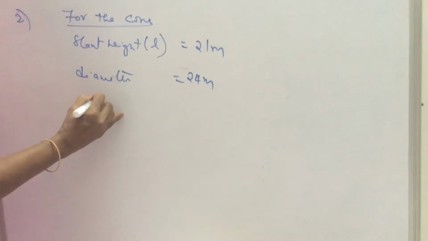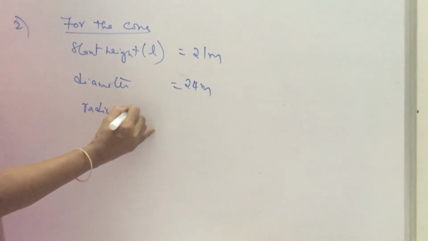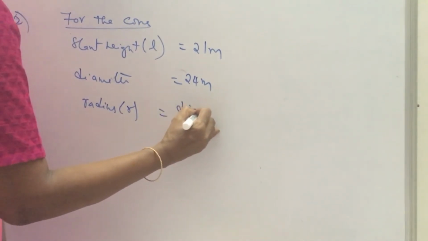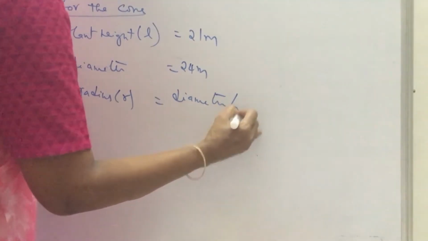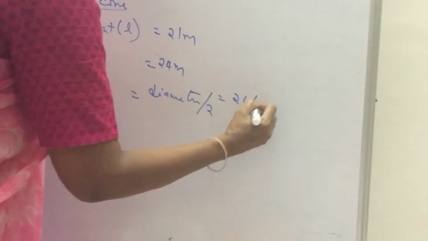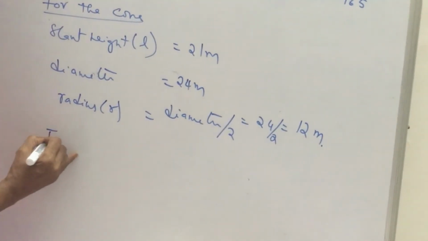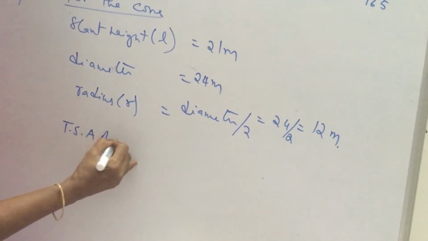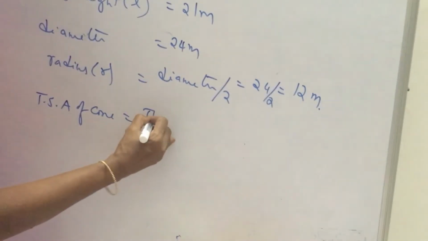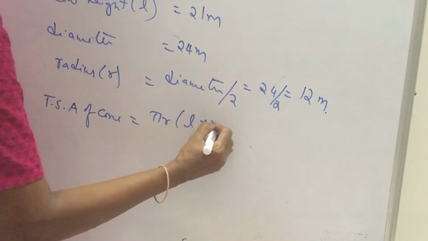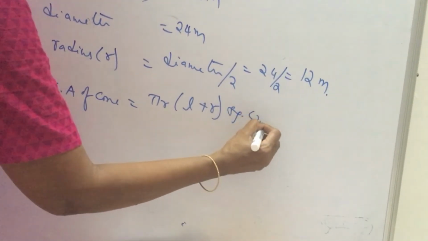Radius r is equal to diameter by 2, that is 24 by 2, that is equal to 12 meters. TSA of the cone is equal to pi r into l plus r square units.